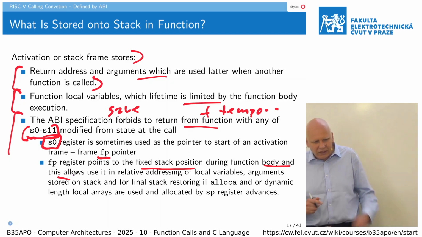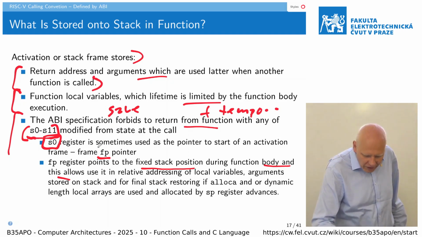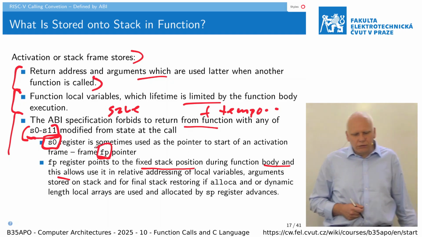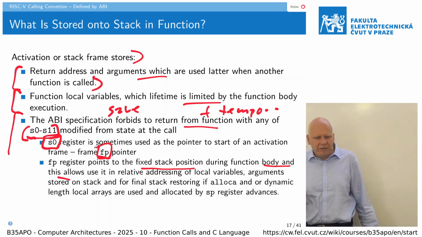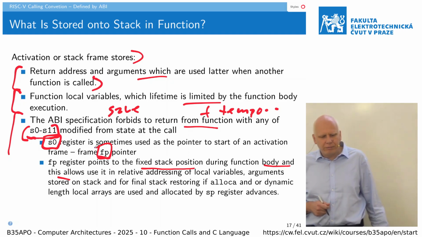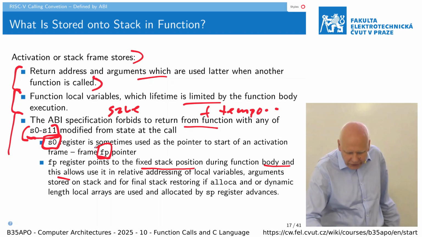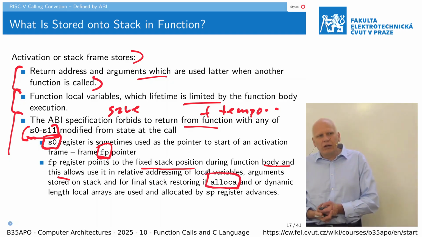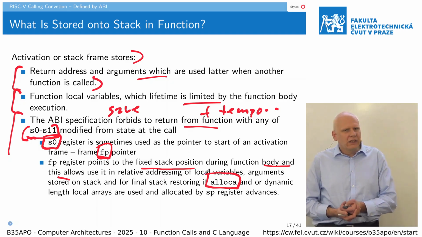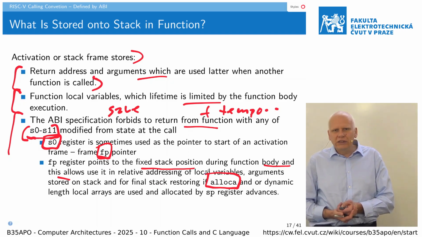So it is not yet 100% necessary to have a frame pointer, but where you need to have one is if you want to use an alloca call, which is automatic allocation on the stack. I'm not sure if somebody knows that this function exists. Who knows that the alloca function exists? Nobody.